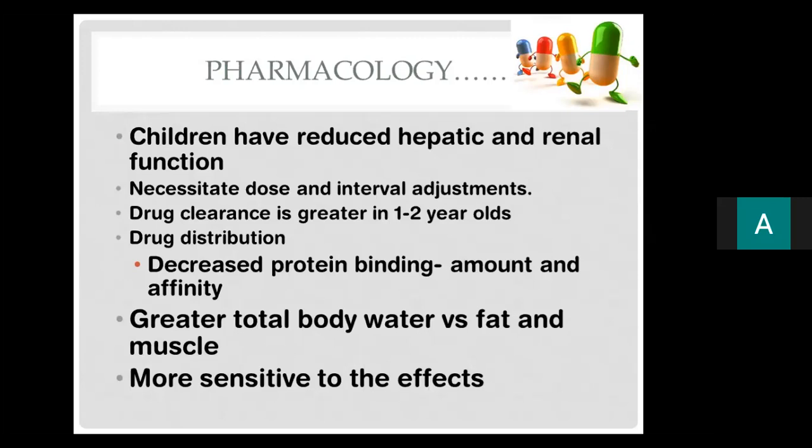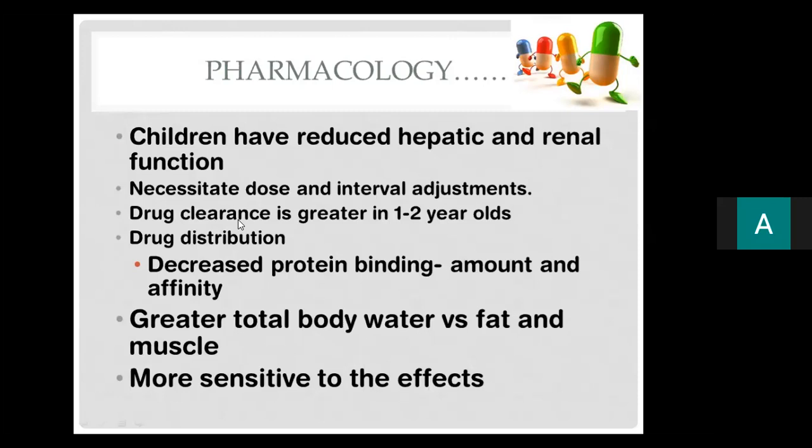Drugs that have renal clearance, you might need to give higher doses because they're going to be eliminated much faster. And those that may not be impacted by that, you might give normal doses.